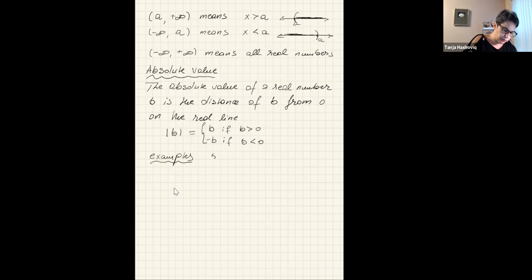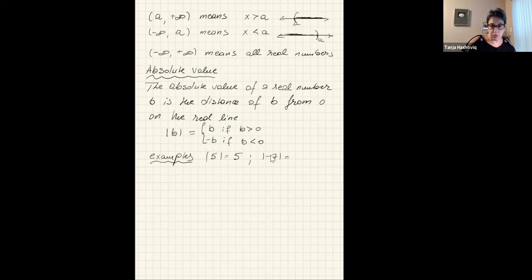For example, the absolute value of 5 is equal to 5 because the number that's inside the absolute value signs is just positive. The absolute value of -7 is equal to, according to the definition, minus that number if the number is negative.